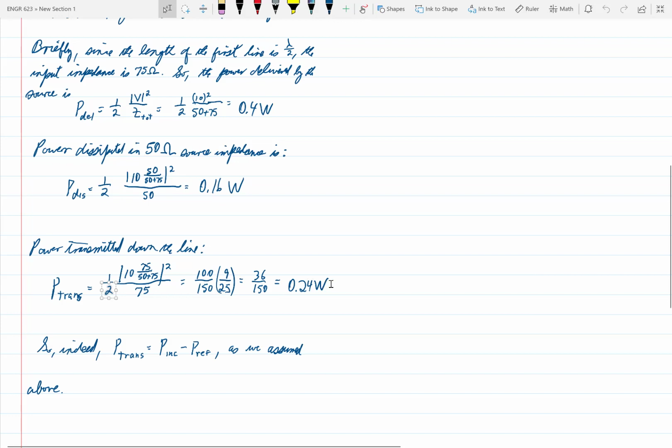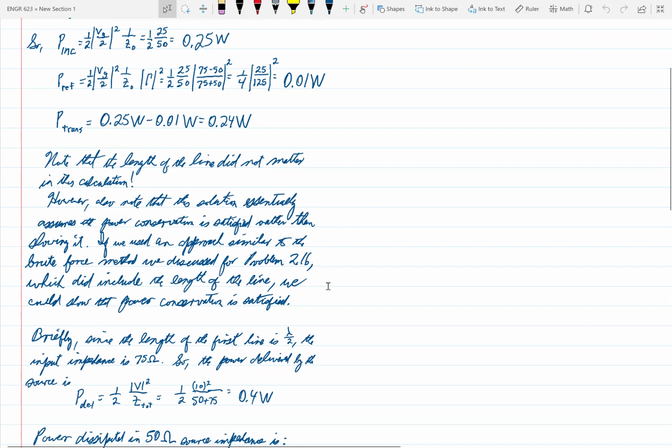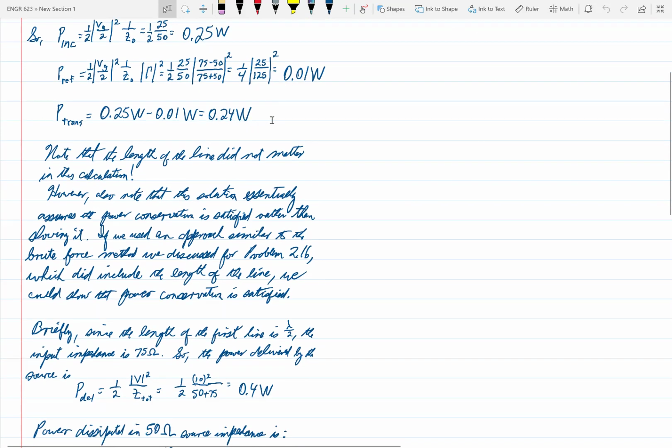Now, this right here is what we needed. The 0.24 watts is the net power going down the first transmission line. And so that net power is what goes into the second transmission line. So we have proven what we concluded up above using power conservation.